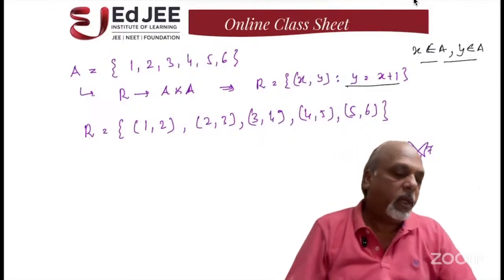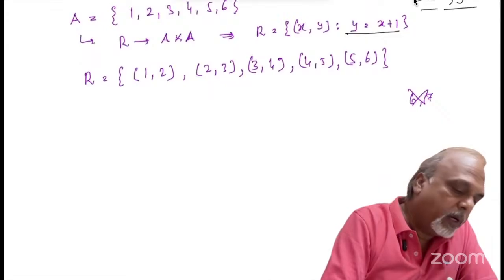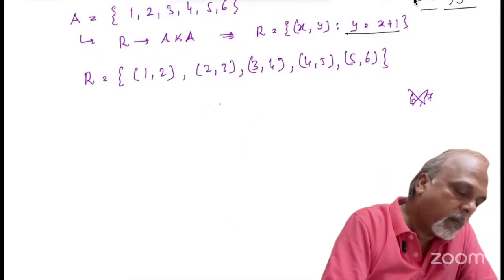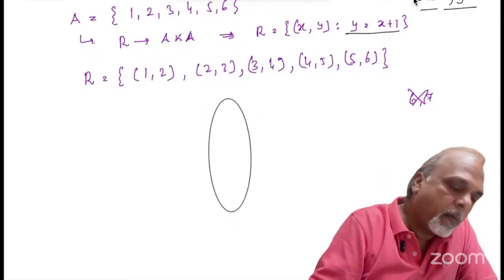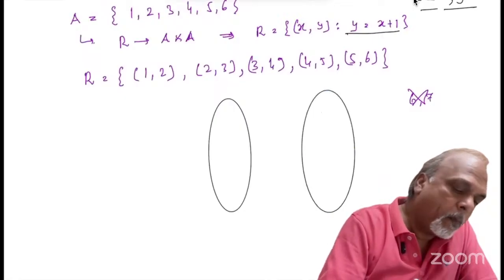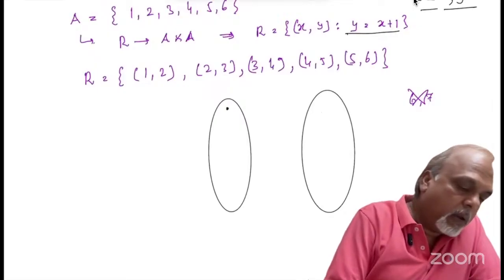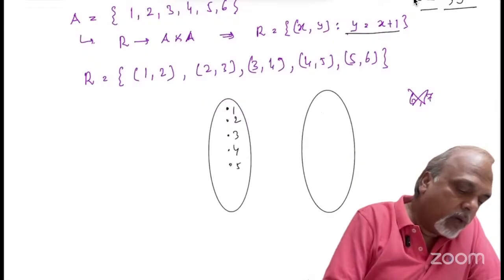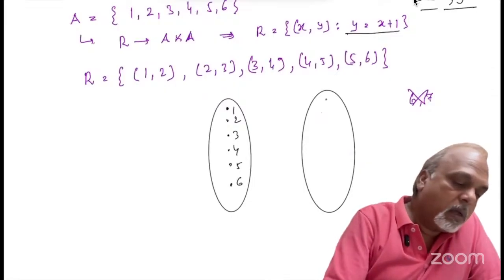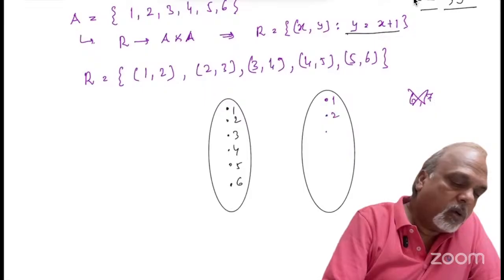Correct? If we ask you to represent it pictorially, then you can. Here, our elements of x are 1, 2, 3, 4, 5, 6, and elements of y are 1, 2, 3, 4, 5, 6.